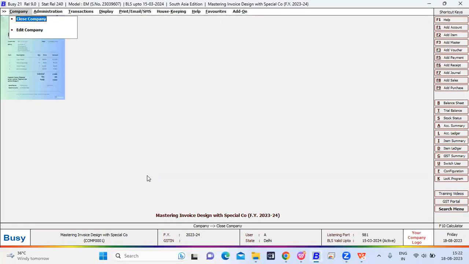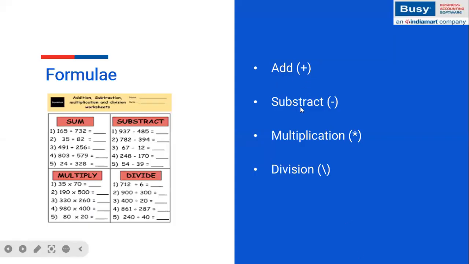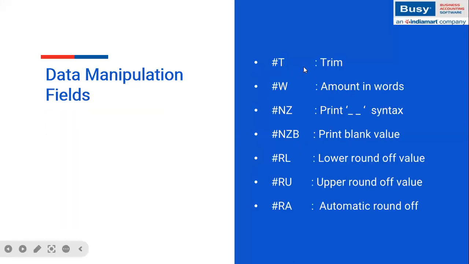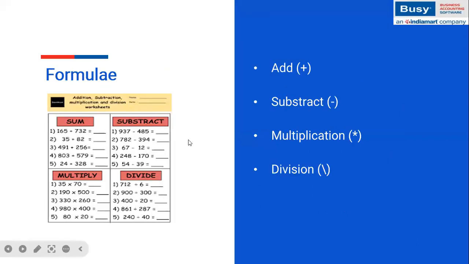So how can you configure the formula in Busy? By addition, subtraction, multiplication, and division. The sign for addition is plus, subtraction is minus, multiplication is star on your keyboard, and division is slash.